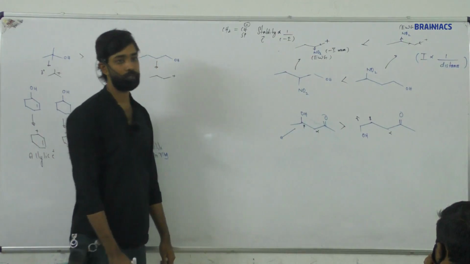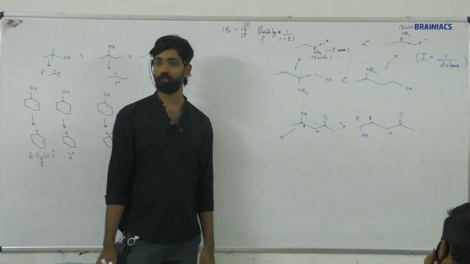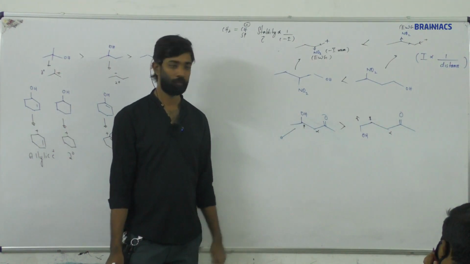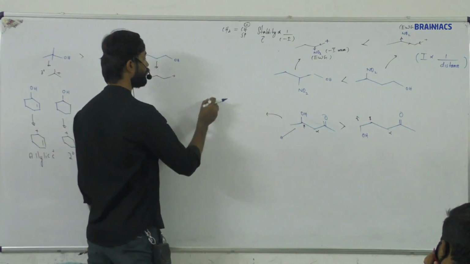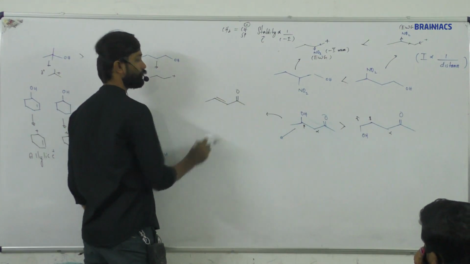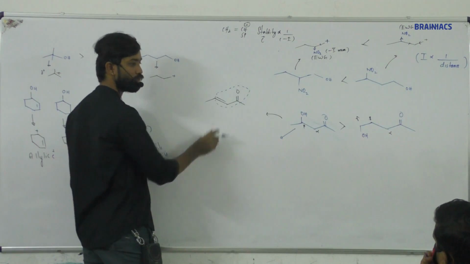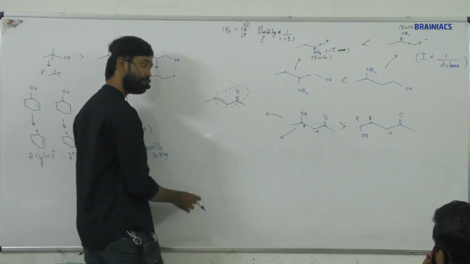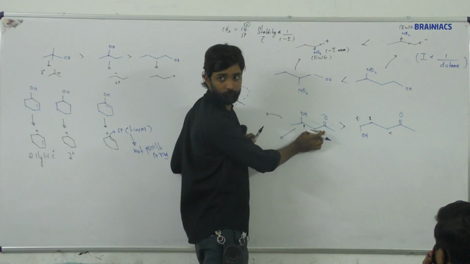The beta hydroxy one. Even though ketone is a minus I group, you know the order of minus I, the formed unsaturation may be in conjugation here. This is a minus I group, agreed.